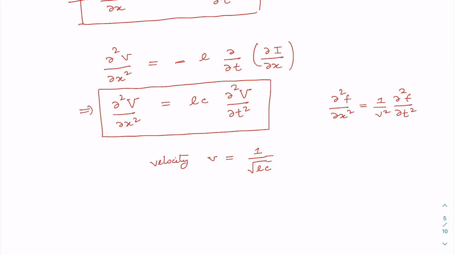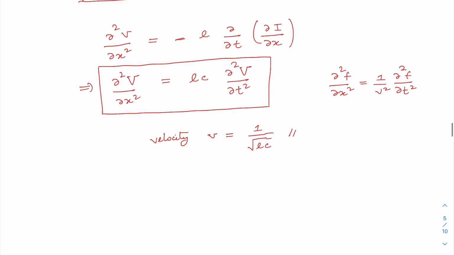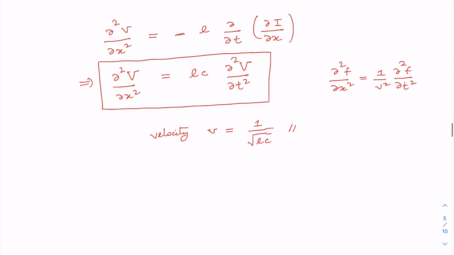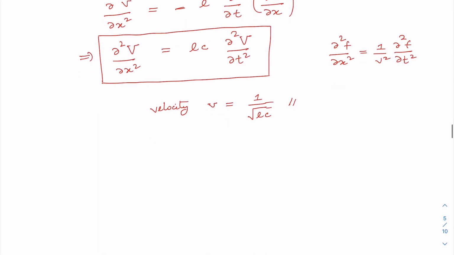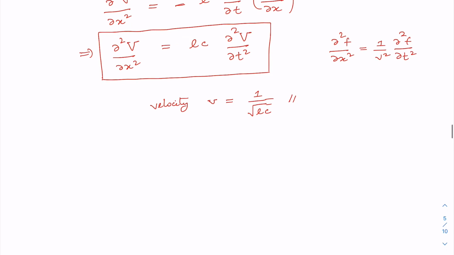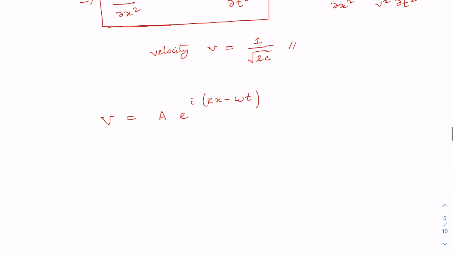So you see the voltage travels at a speed given by 1 by square root of LC. Another way to look at it, because we know that this equation has a traveling wave solution, V can be written as A e^(i(kx − ωt)). So there is a traveling wave along the x direction.